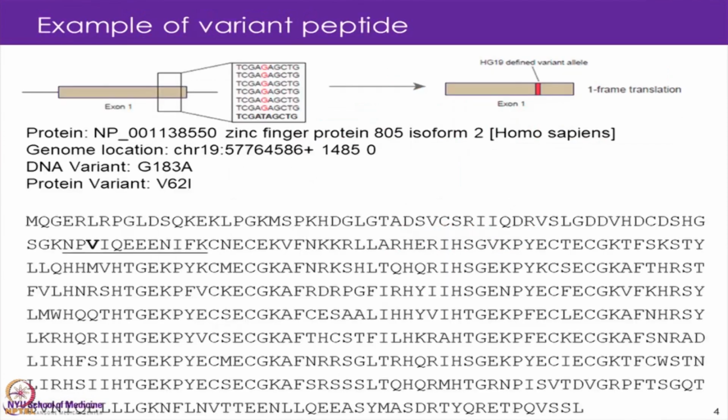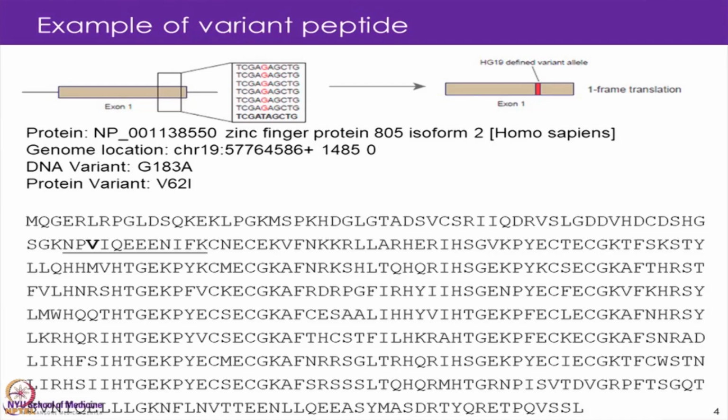For example, if we have a single nucleotide change, like in this case, one base is changing, which can lead to a change in an amino acid. In this protein, we observe in the DNA that the G at position 183 changes to an A, which leads to the valine at position 62 in the reference database changing to an isoleucine.